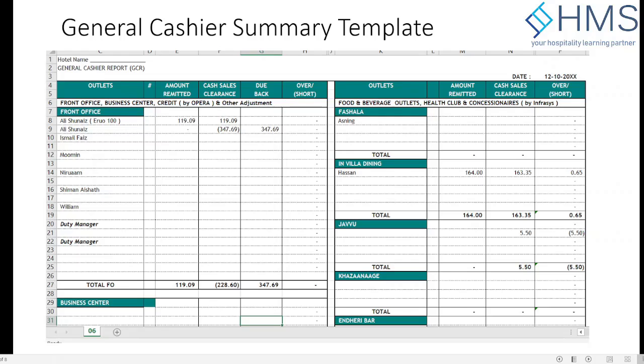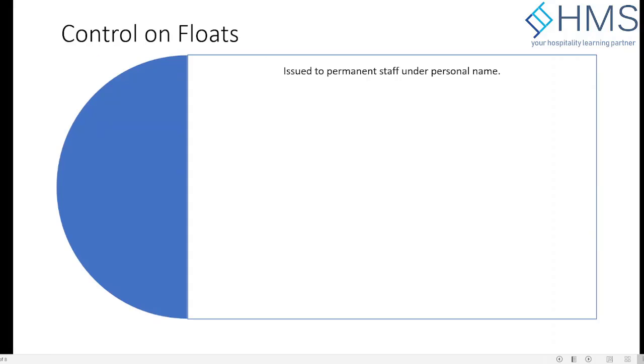All the cashiers in the hotel, whether outlet cashiers or finance cashiers, have to submit their report in this specific format. By looking at this report, it's easy to see how much actual cash has been collected in the hotel by every department.